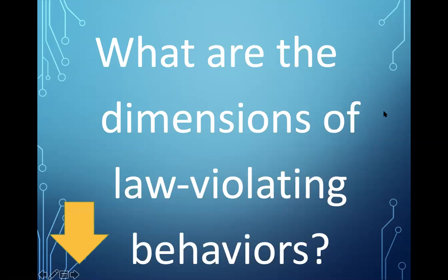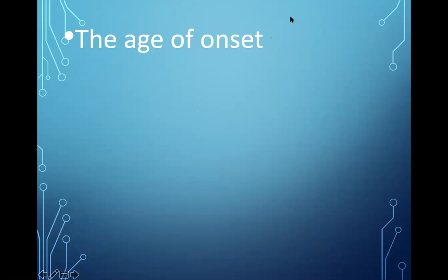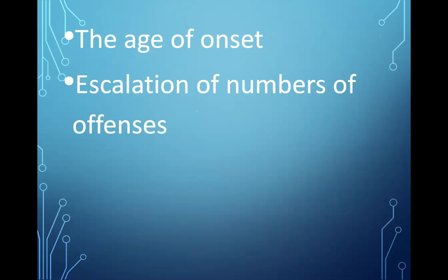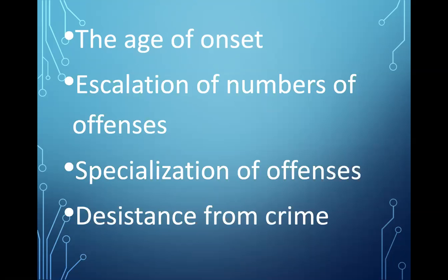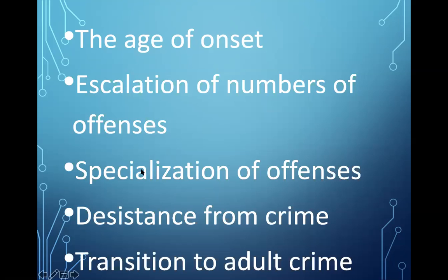All right, what are the dimensions of law violating behaviors? We have the age of onset, escalation of number of offenses, the specialization of offenses, the desistance from the crime, and the transition to adult crime.